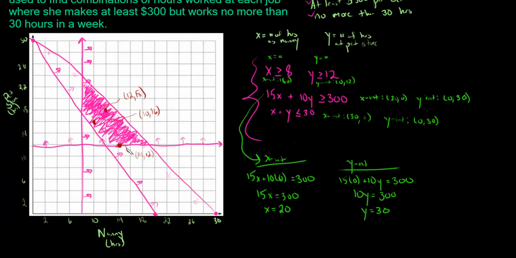So that's how a system of inequalities graph can help us find solutions to a situation, okay? So these are all combinations that she can work at each job, where she's not going to work more than 30 hours, but she's still going to clear that $300 per week mark, okay?